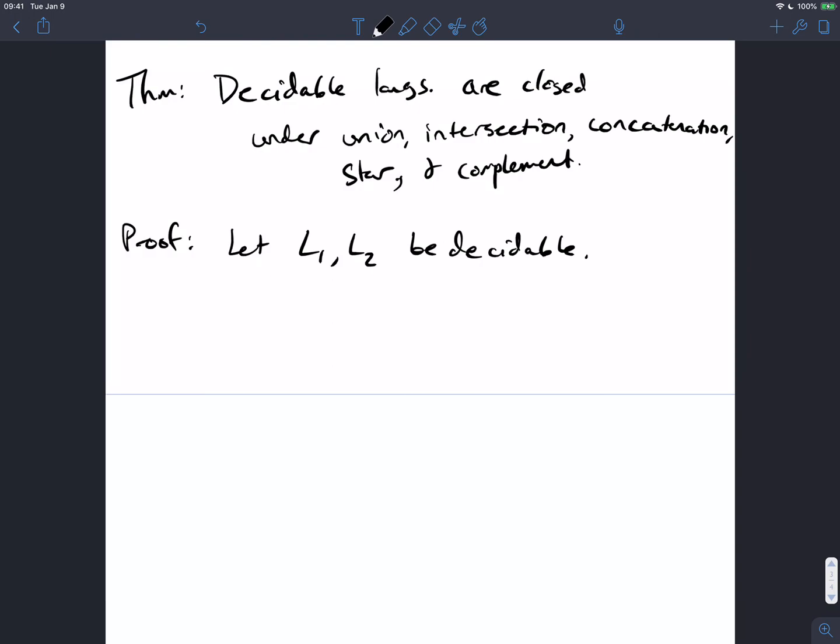Just from the definition of decidable, there is a Turing machine that always halts for those two languages, right? That's entirely what the definition says. So whenever that sort of thing happens, make a name for those Turing machines. Let D1, D2 (D for decidable, not Dougherty) be deciders for L1 and L2.